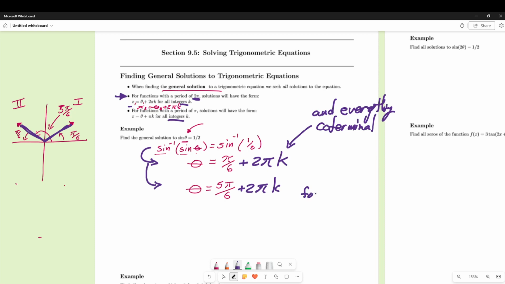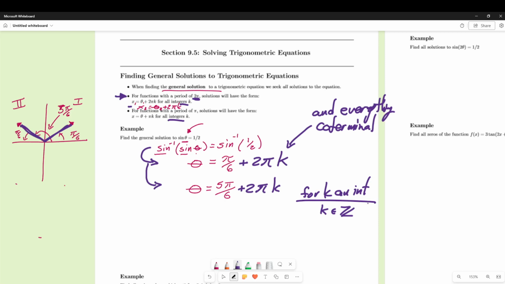And I'm going to say 2 pi k, k an integer. If you want some fancy symbology for it, k element of the integers. But for k as an integer, it's fine.